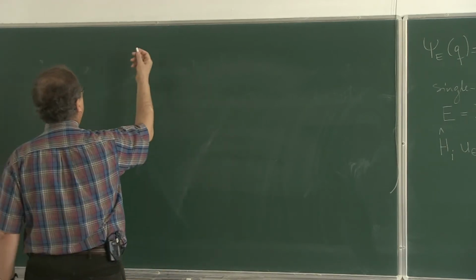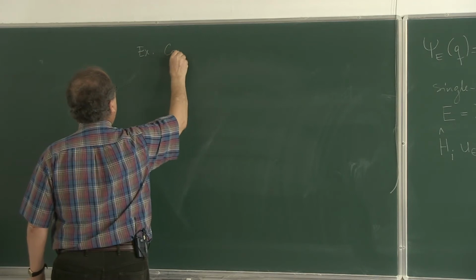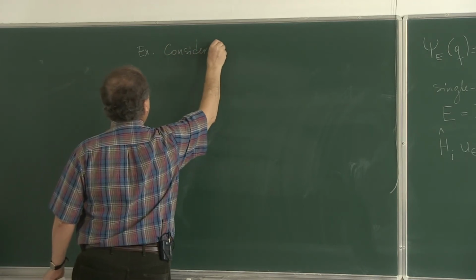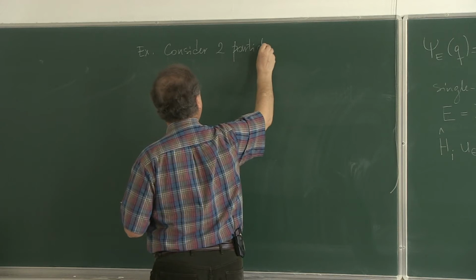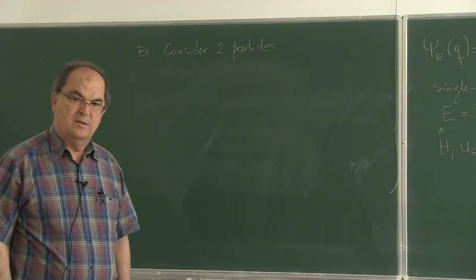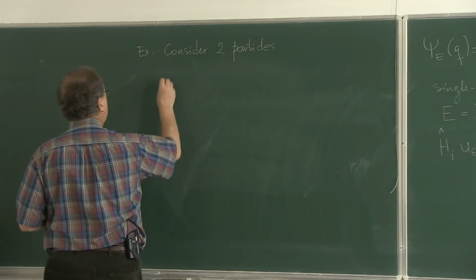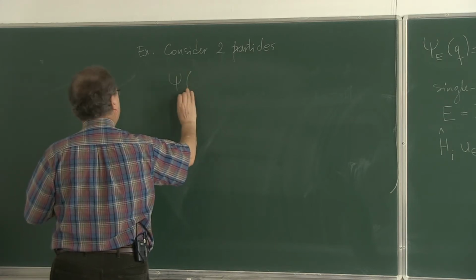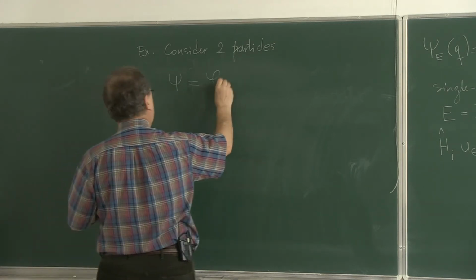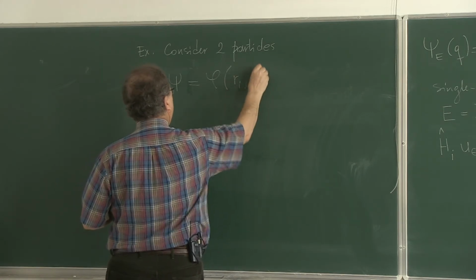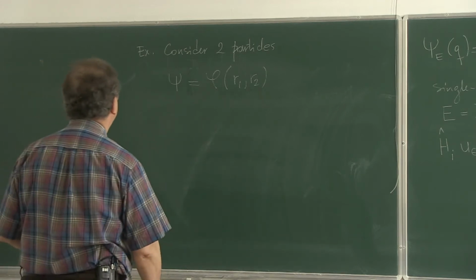Let's consider a simple example, two particles, or two particle states, so that the system has a wave function which is a function of the positions of these two particles in the coordinate representation.